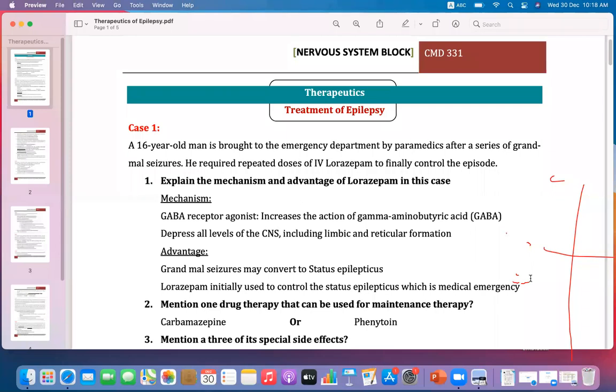After the control of the seizure, please keep in mind, lorazepam is not used for maintenance therapy, just to control or to manage the case. When the seizure is controlled, then we have to give maintenance therapy.